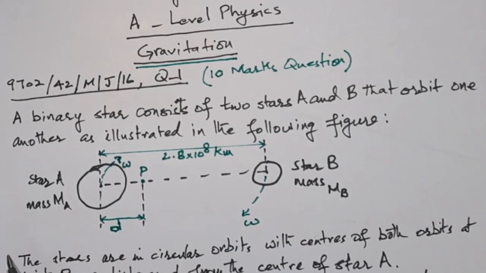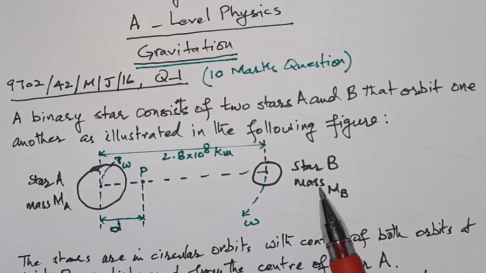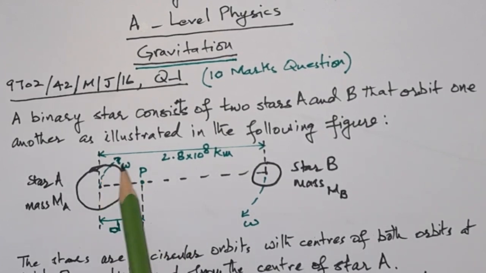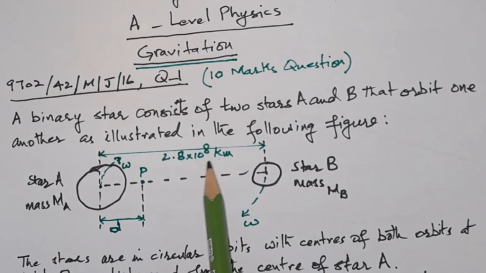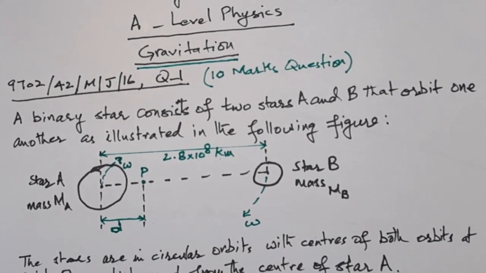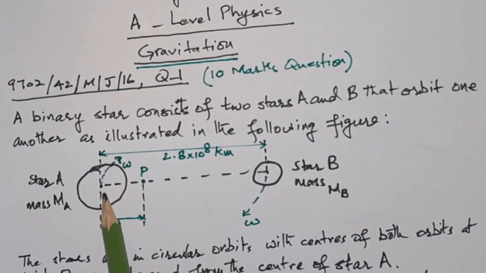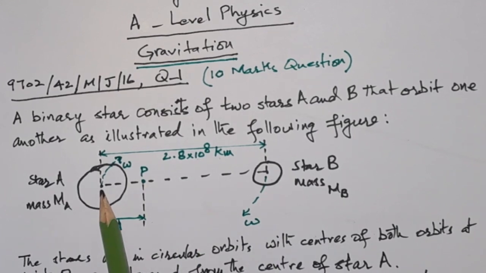The stars are star A with mass A, star B with mass B. They are located at a distance of 2.8 into 10 power 8 kilometer and maintaining their orbit like that. That means their center of rotation is at point P for both the stars.